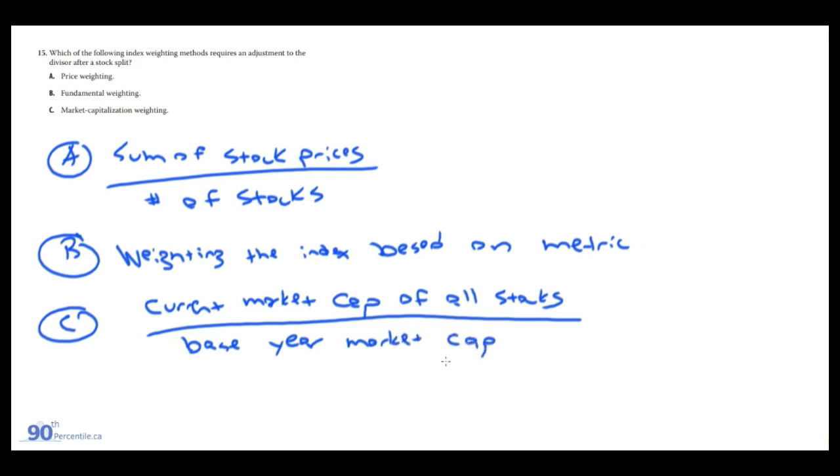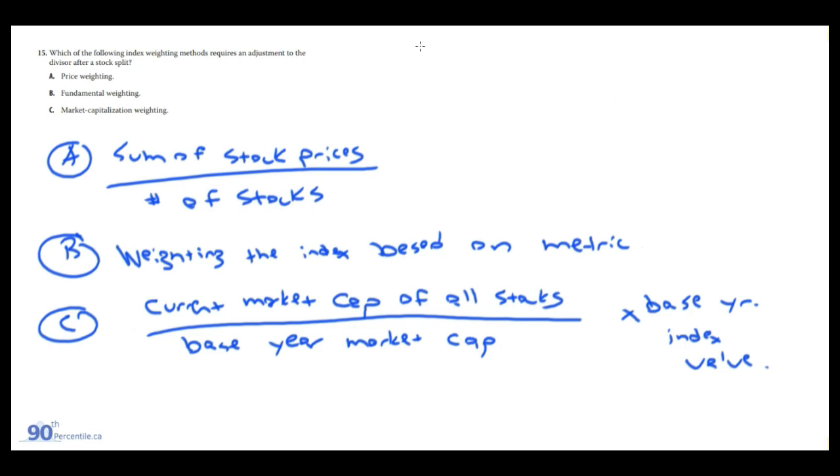So this would be like year 0, year 1, something like that. And then you would multiply it by the base year index value. So which of these already accounts for a stock split?